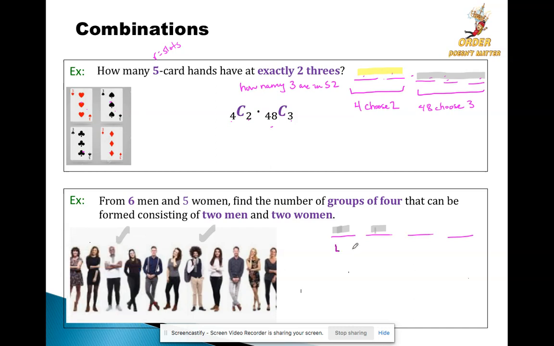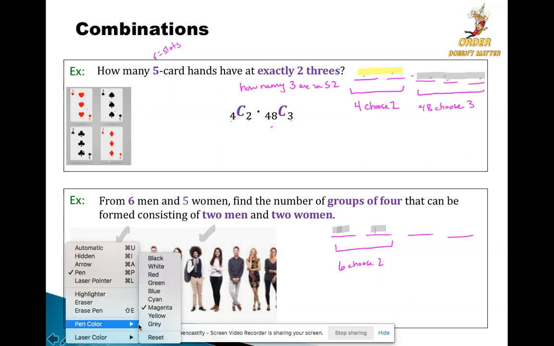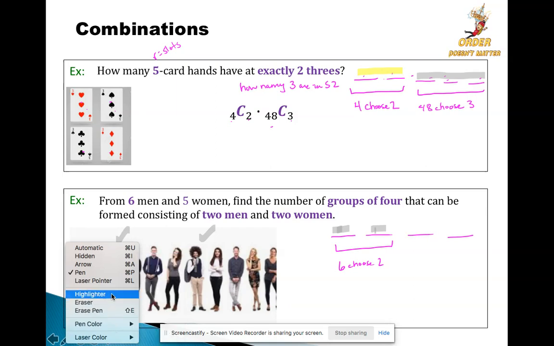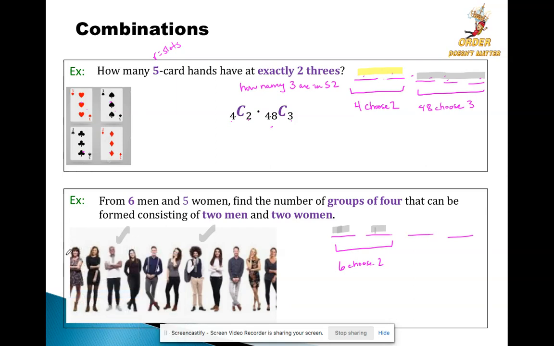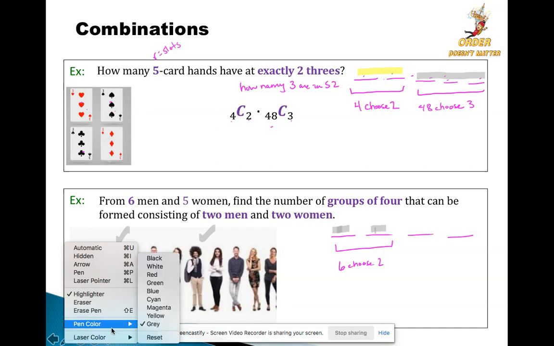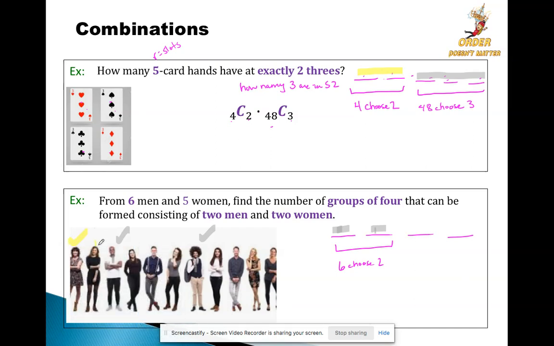Right. There are 6 men and I'm choosing 2, and order doesn't matter. How about the females? If I choose those 2, again, order doesn't matter.